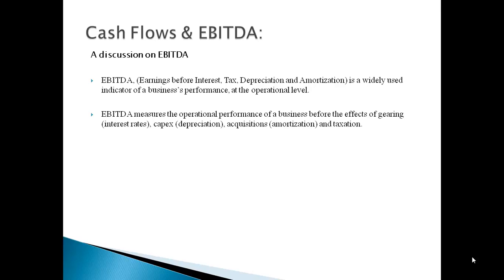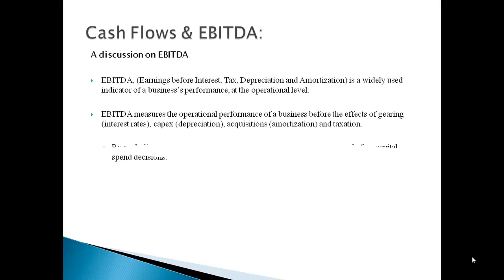EBITDA measures the operational performance of a business before the effects of gearing, which is interest, capex or purchase of PP&E, which is represented by depreciation, acquisitions, represented by amortization of goodwill, and taxation. So EBITDA is a clean profit, operating profit figure before the impacts of those four elements: gearing, capital expenditures, acquisitions, and taxation.